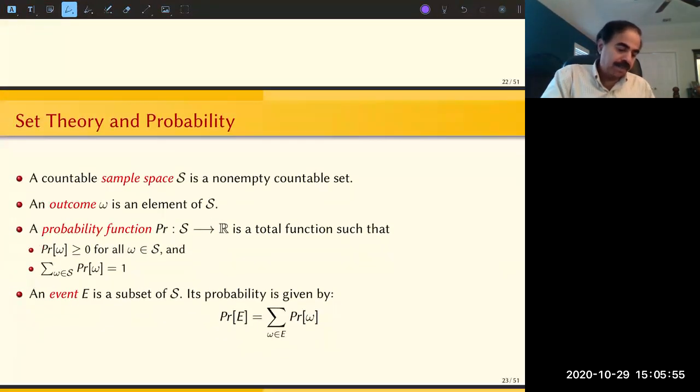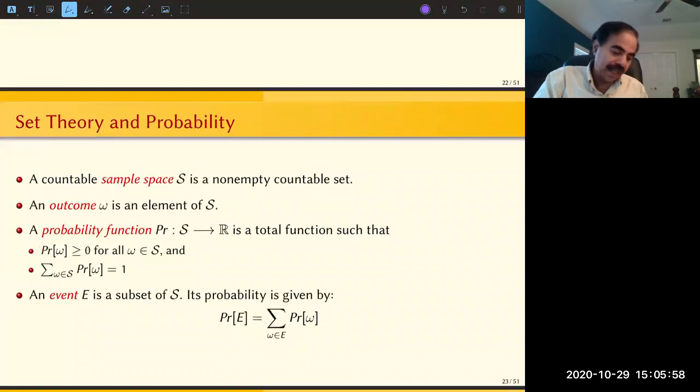Okay, so what I want to add to that is the notion of an event. An event is simply a subset. If the sample space is a set, then the event is simply a subset of this set.